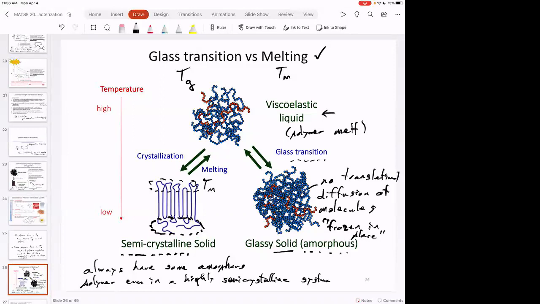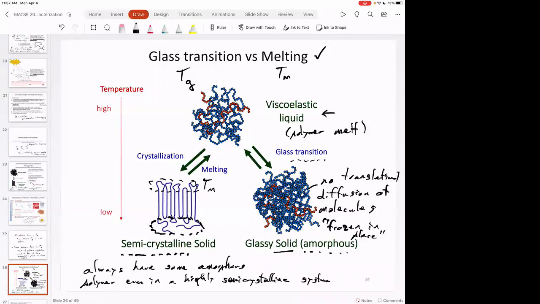Now, can a polymer have both a TG and a TM? Yeah, no problem, right? All polymers have a TG, so we're set there. Some polymers have a TM, and any polymer that has a TM has both a TG and a TM. And it's interesting, you can probe those differently. So in the melt, when you're at high enough temperature, there's no crystals, there's nothing. You cool that polymer down, and first it will crystallize, right?